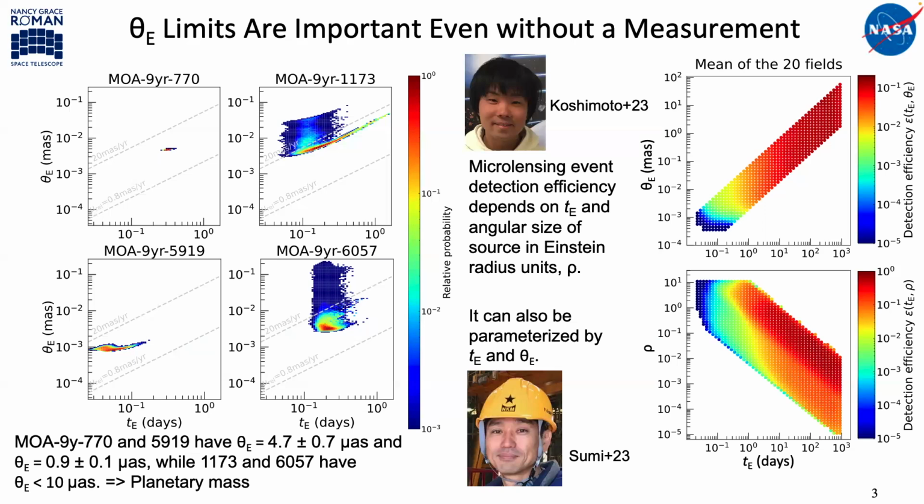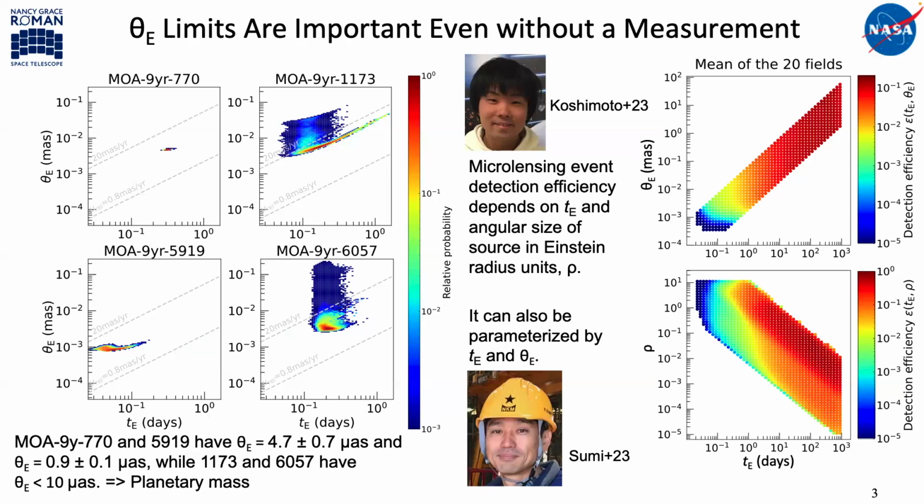Naoki also mentioned the importance of calculating the detection efficiency in these 2 parameters. But an important thing here is that this detection efficiency at very short durations depends on what the free-floating planet mass function is. But if you're doing forward modeling, then you can calculate the detection efficiency for every model while you're doing the analysis.